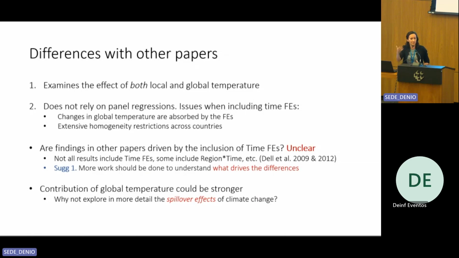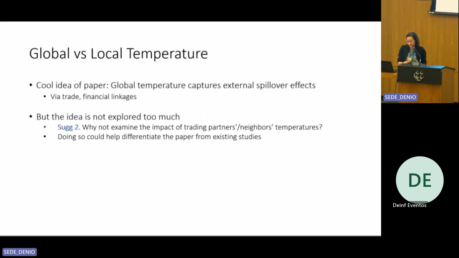Like Brazil's trading partners might be heated differently, but that's it. I think in one sentence you say that, and I was like, oh, this is pretty interesting. I haven't seen this spillover of climate change. And I think you could flesh it out more, do more work to really show this. I'm going to share more ideas on this.